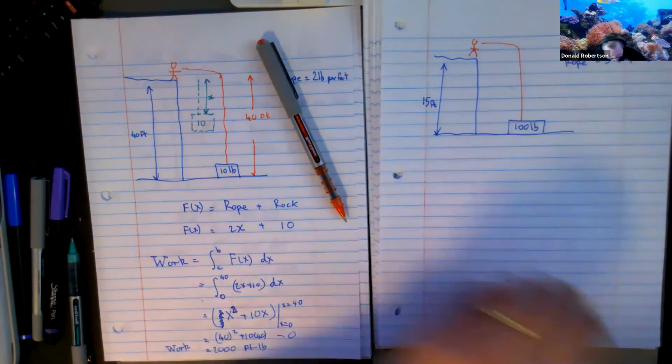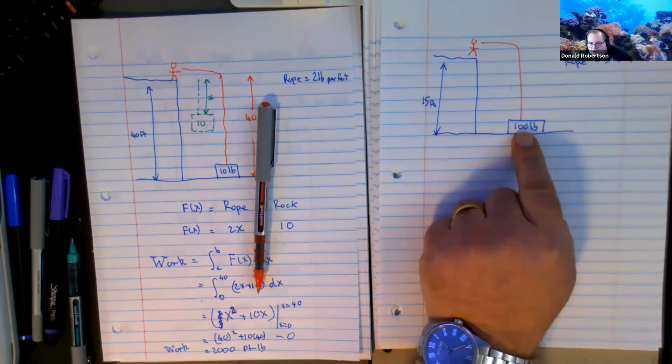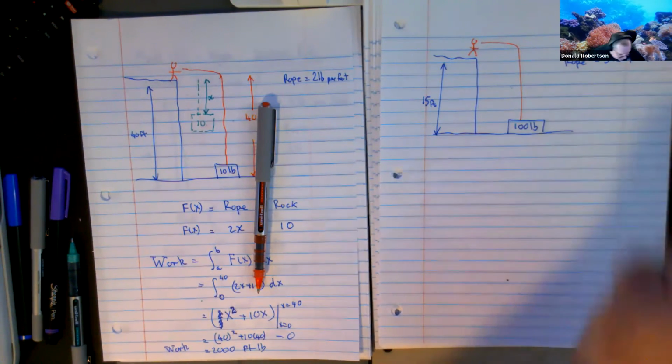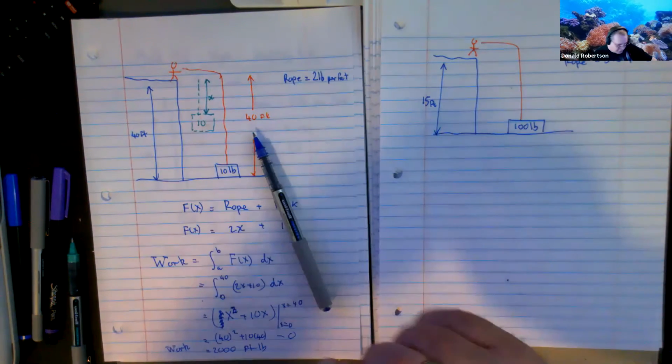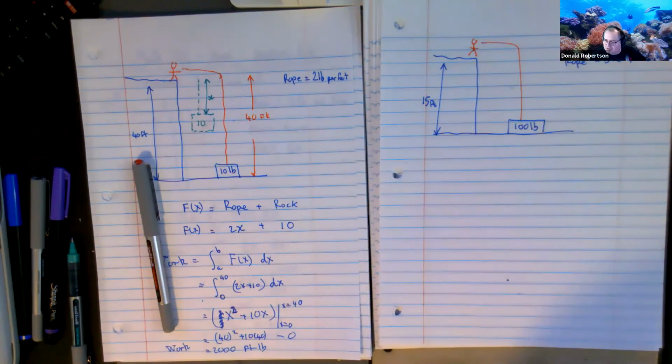So your job: find the work done in lifting a 100 pound rock a distance of 15 feet using a rope that weighs 5 pounds per foot. And I'm giving you 2 minutes to do that. No rush, no pressure.